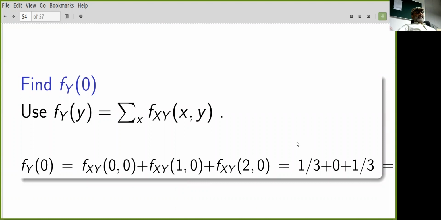Okay, to find the marginal for y in the discrete case, you sum out the x, right? So the marginal for y evaluated at 0 is the joint evaluated at 0, 0, plus the joint evaluated at 1, 0, plus the joint evaluated at 2, 0. That's 1/3 plus 0 plus 1/3, which is 2/3.